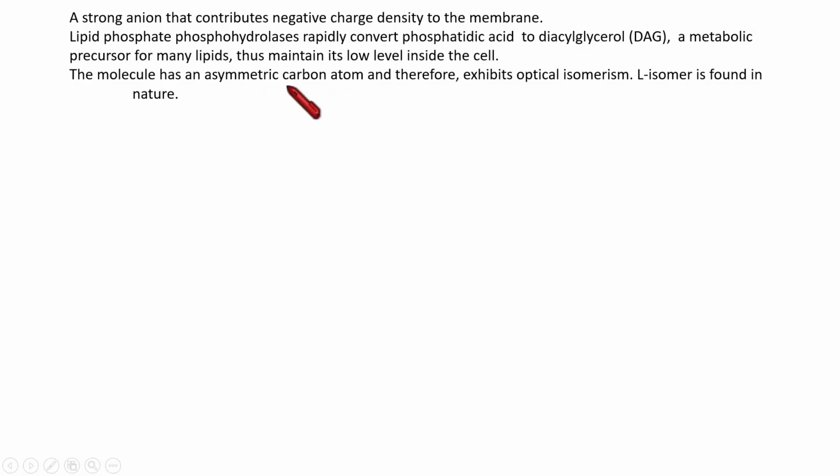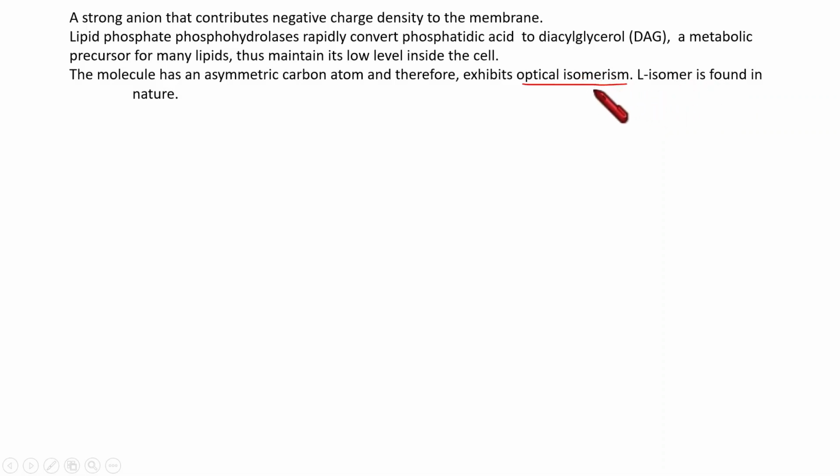So it possesses one asymmetric carbon, and because of that property, it can exhibit optical isomerism. Optical isomerism also we learned in the carbohydrate chapter. It is the ability to change the direction of movement of plane polarized light. I am not going to explain that here.